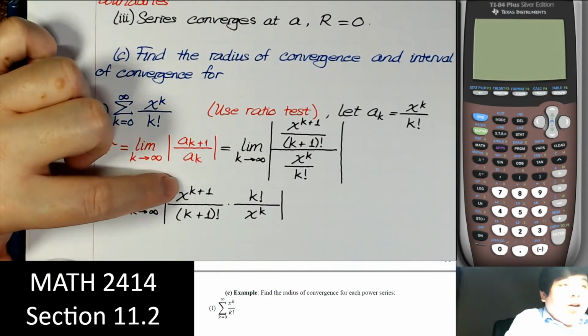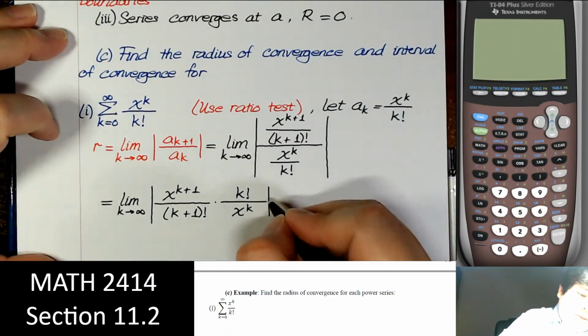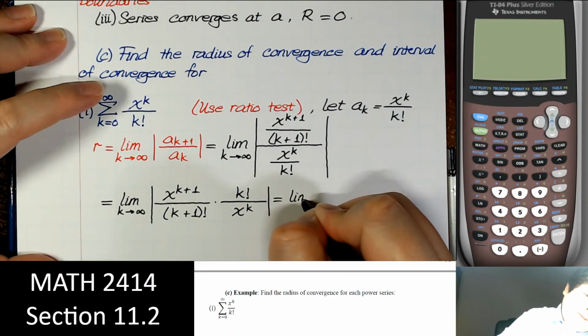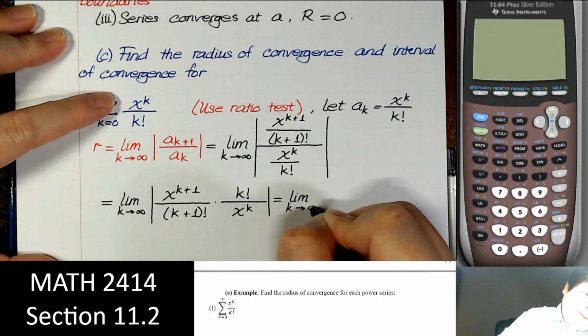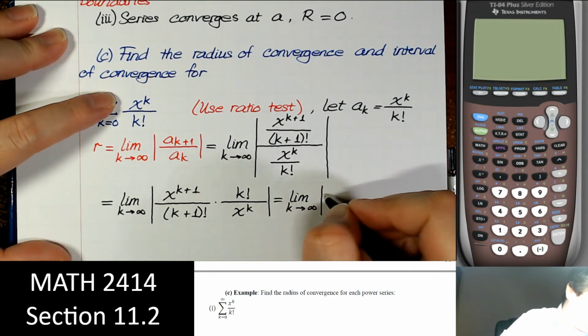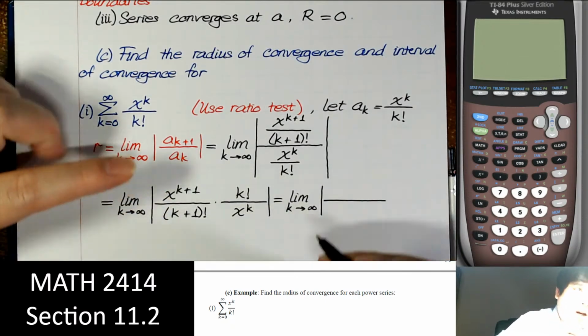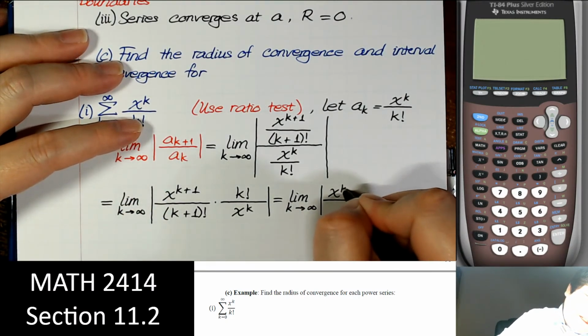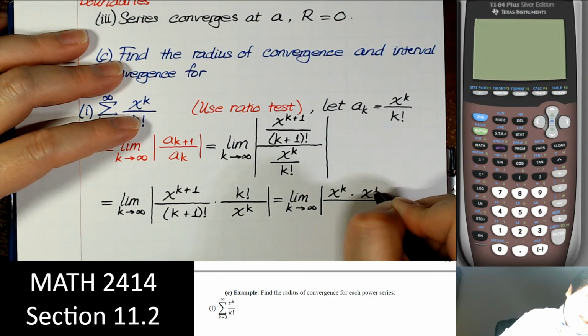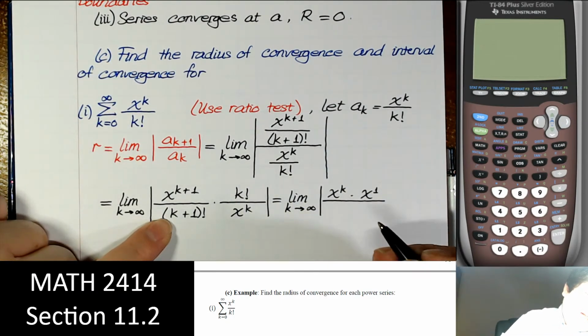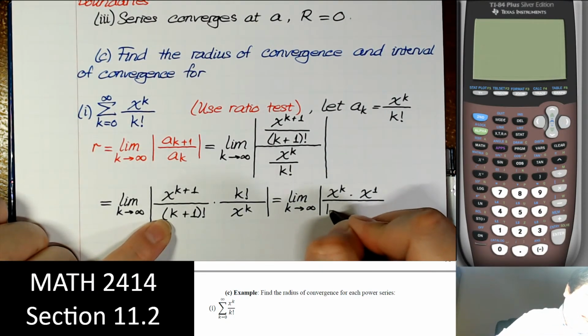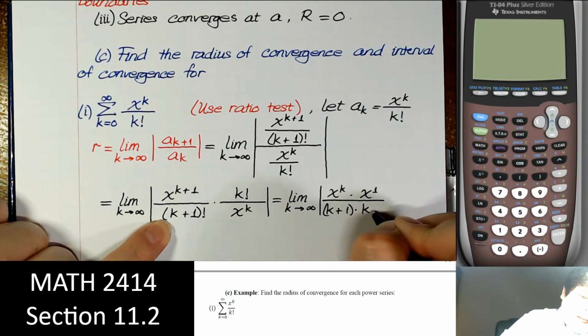Right, now the power we can split. x to the k plus 1 is x to the k times x to the first, and k plus 1 factorial is k plus 1 times k factorial.